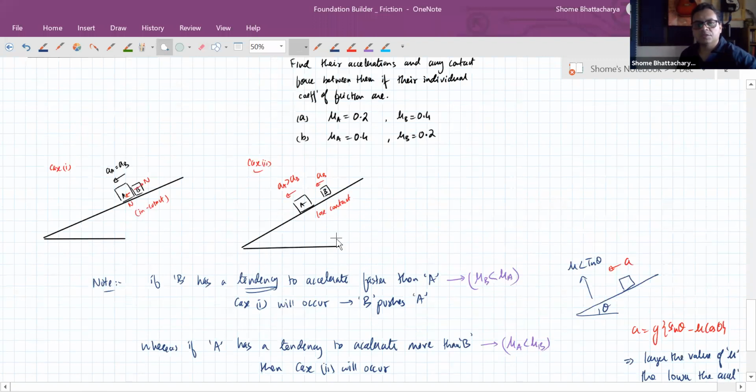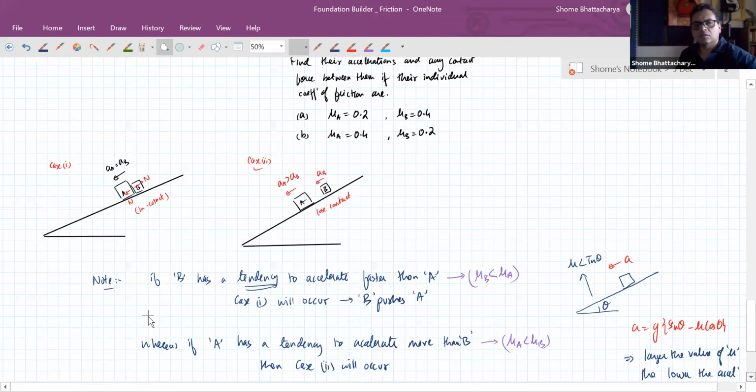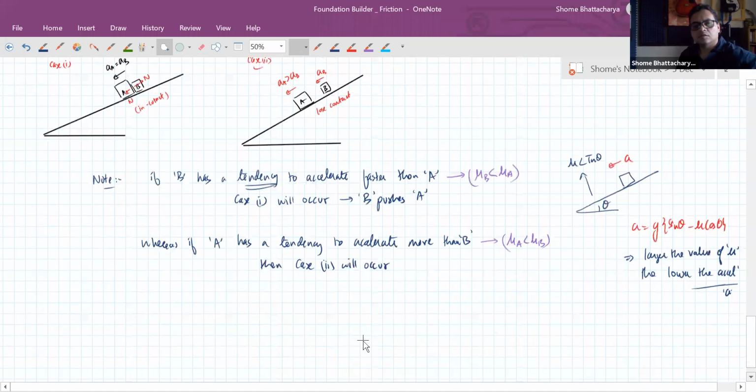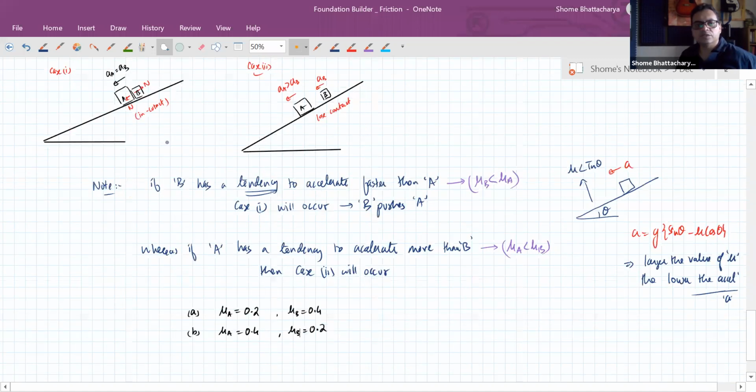So now based on this concept, in this case what will happen? A has a coefficient of friction which is less than B. So block A will accelerate faster than B. So acceleration of A will be greater than acceleration of B, and they will lose contact.